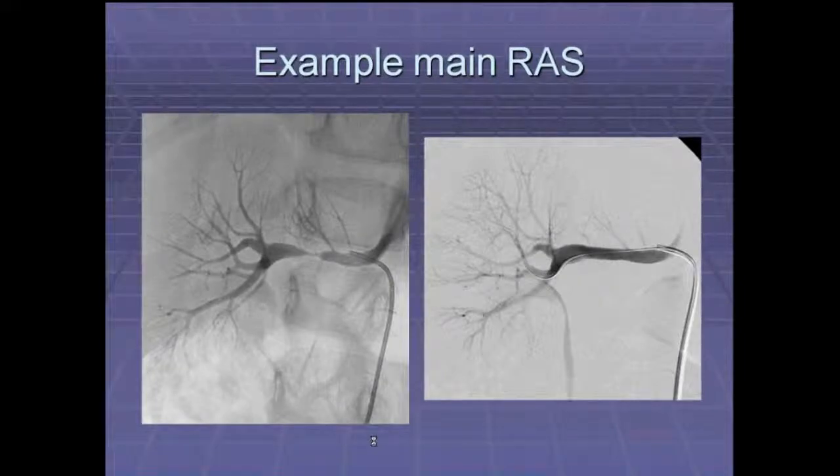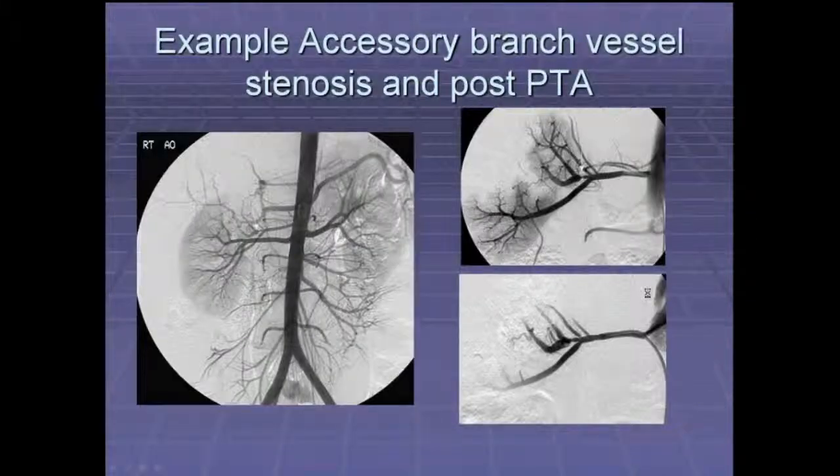Here's an example of main renal artery stenosis in a child with fibromuscular dysplasia, high-grade stenosis of the main renal artery, post-angioplasty, widely patent. Some examples of renal artery stenosis involving branch vessels or even accessory branch vessels. Here, we see aortogram, main renal arteries, widely patent.